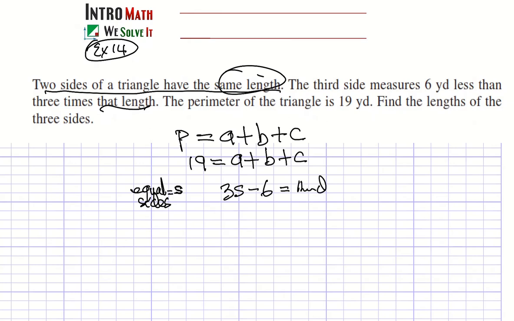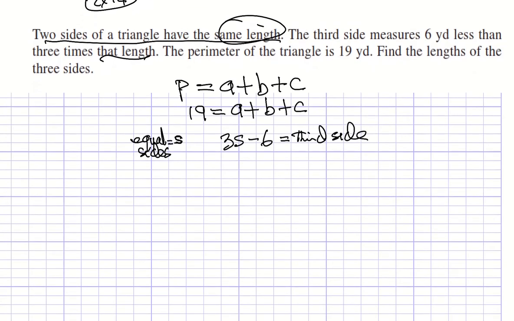If the two equal sides are S, and C is the third side, then 19 is equal to S plus S plus the third side, C, which is 3S minus 6. That's the equation they want us to solve.